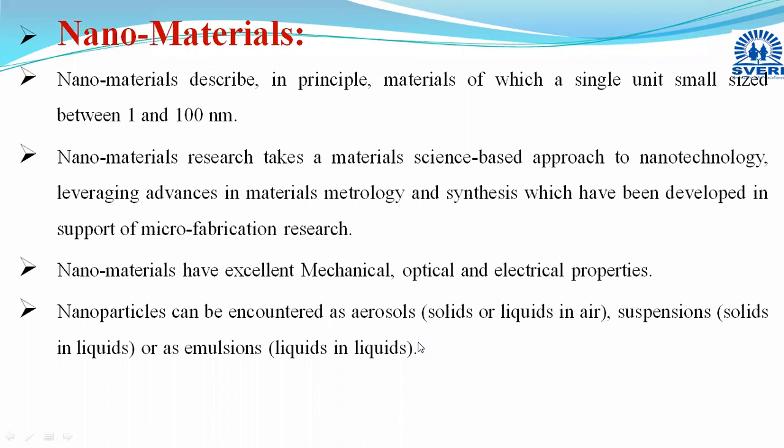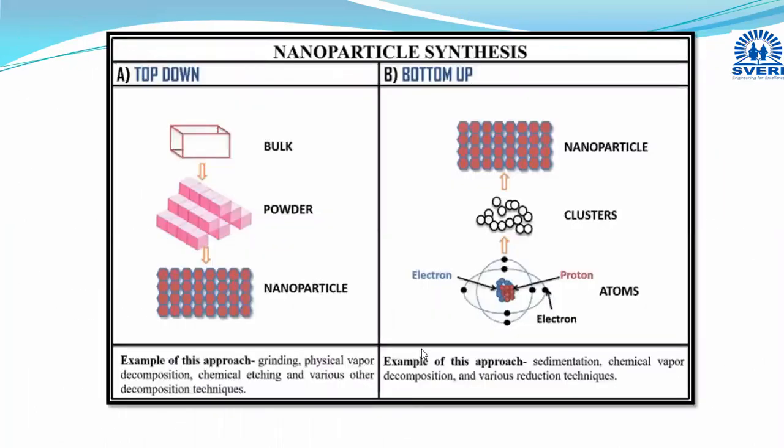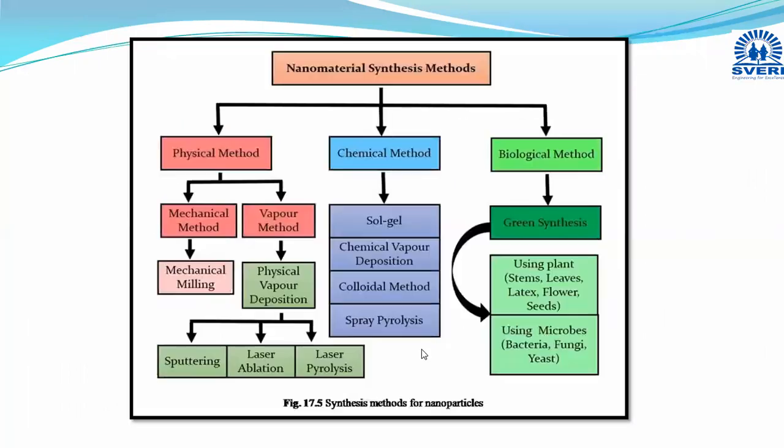Means depending on the different particle sizes, different properties can be obtained, and we can get different properties as per our requirement. So in general nanomaterials have excellent mechanical properties, optical properties, electrical properties, and magnetic properties. Now these nanomaterials can be classified.